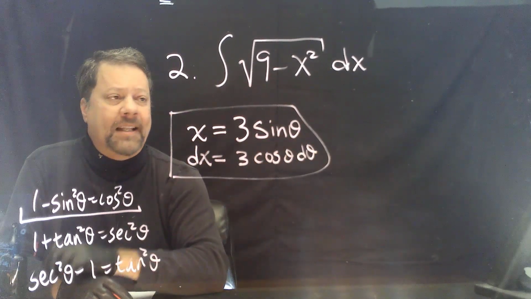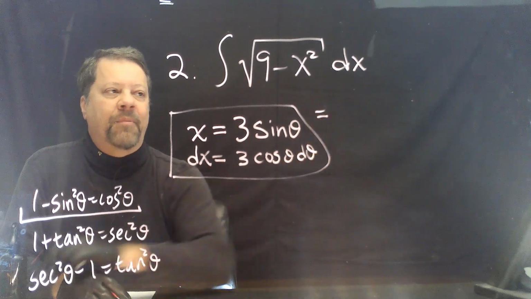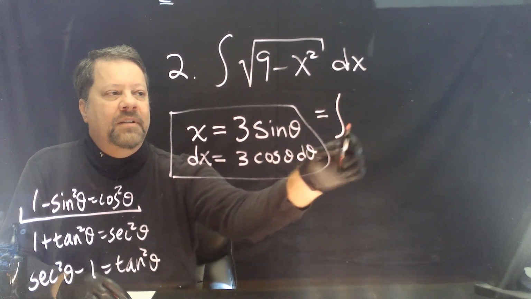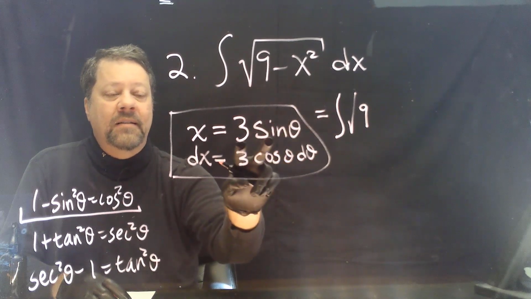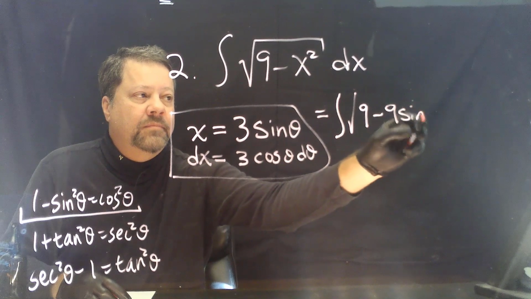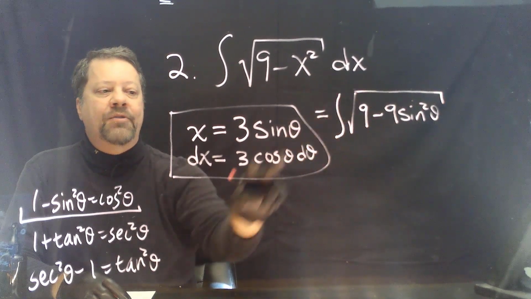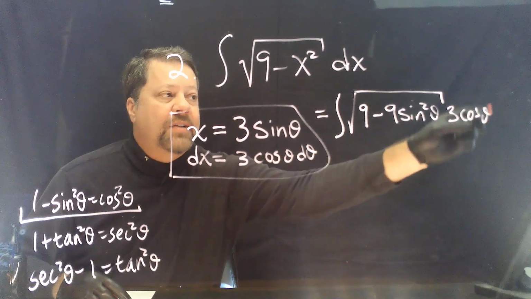I will encapsulate that into a box so that we can keep it apart from our main computation. The integral is transformed. We'll have the square root of 9 minus 9 sine squared theta, and dx gets replaced by 3 cosine theta d theta.